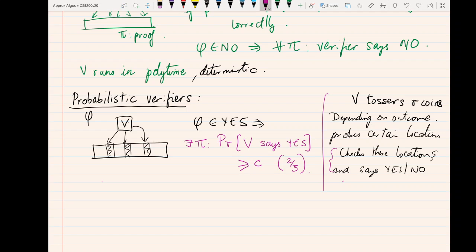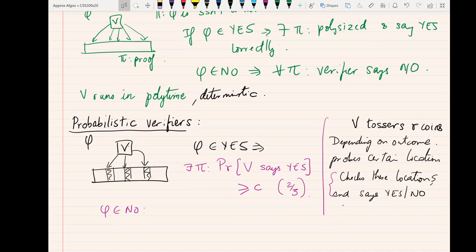And if phi is a no instance, I want you to compare this to the NP proof above, then for all proofs, the probability that it checks these random locations and says yes should be less than or equal to S, and think of S as a small number, say 1/10 or something. It doesn't really matter what this number is as long as there's a gap between C and S.